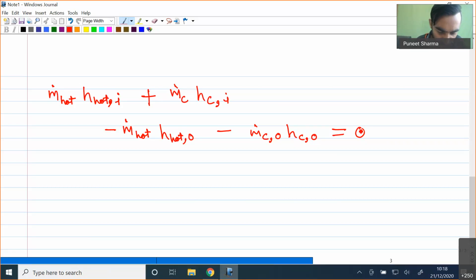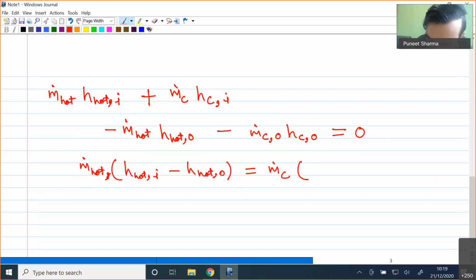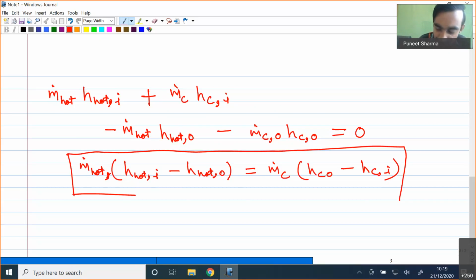Okay. So in this particular equation, because now we are not having any heat and any Q C V and W C V for this particular control volume, I can simply write that M dot hot into H hot I minus H hot O will be equal to M dot C into H C O minus H C I. So this is nothing but my energy equation when I have applied it on my heat exchanger.